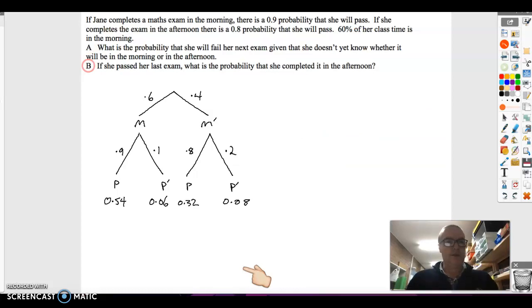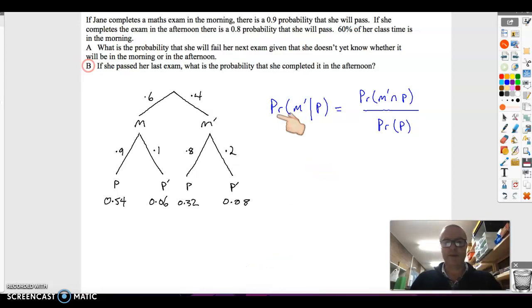The second question, this is the conditional probability. If she passed her last exam, that's the condition. What is the probability that it was completed in the afternoon? So I've set up here the conditional probability formula. So the probability that it was the afternoon, given that she passed.